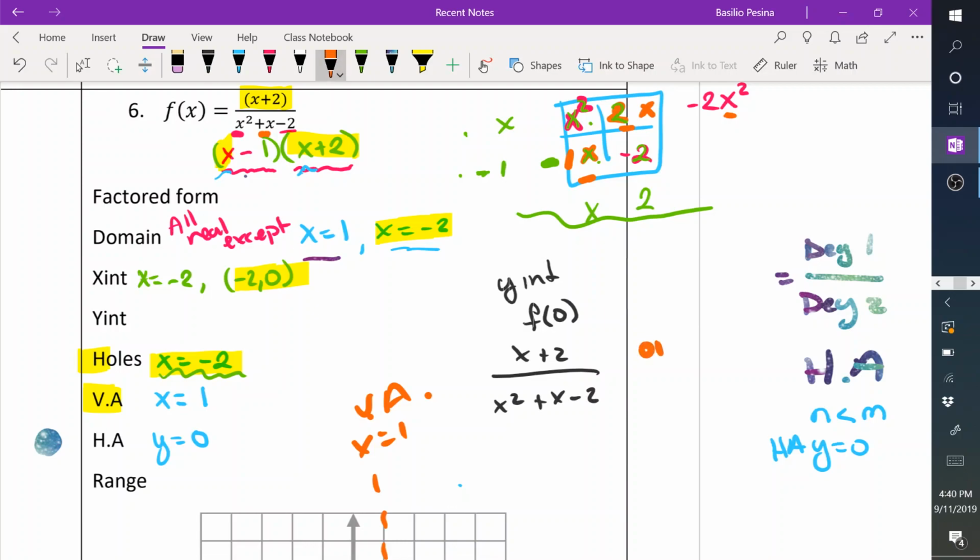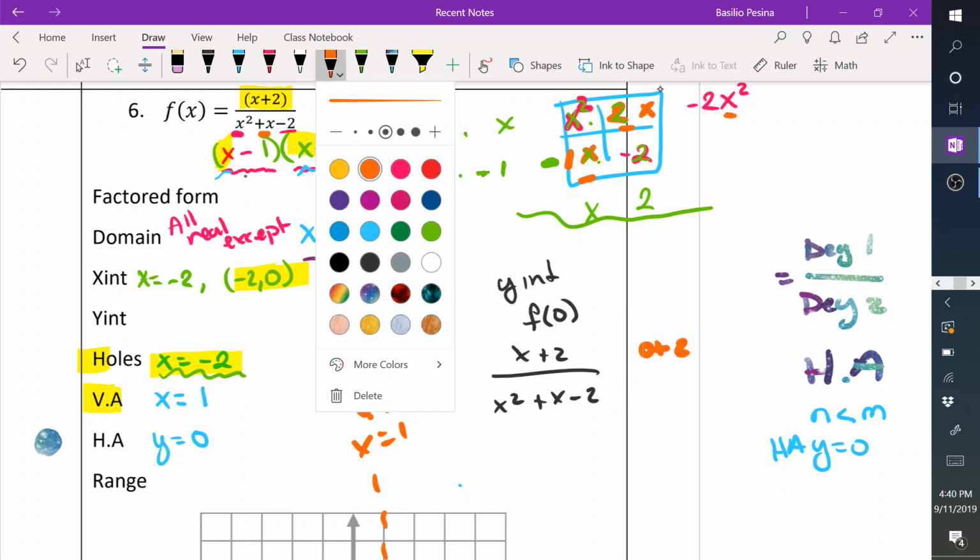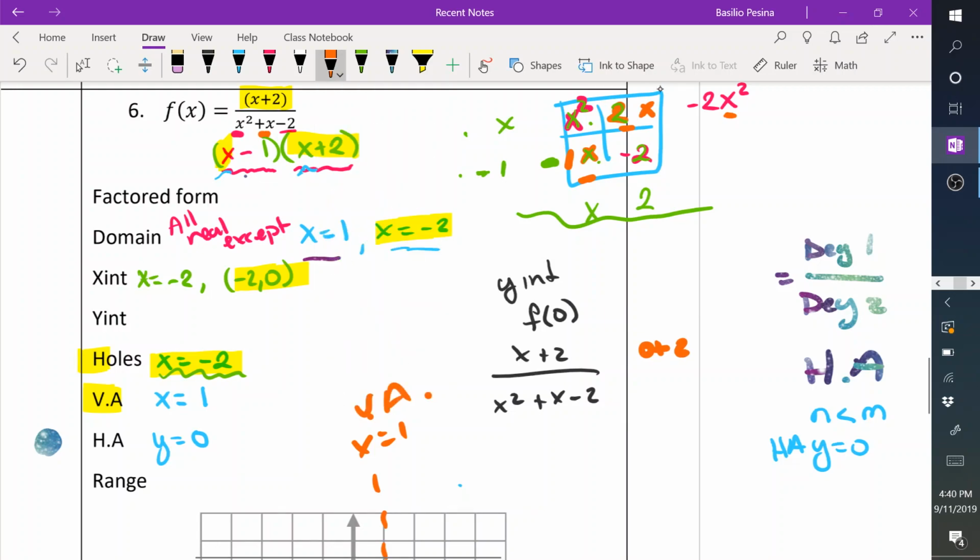So 0 plus 2 over 0 squared plus 0 minus 2 equals 2 over negative 2, which is negative 1. So y equals negative 1, which we can write as a coordinate, 0, negative 1.